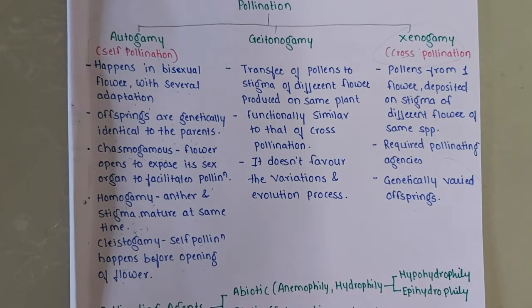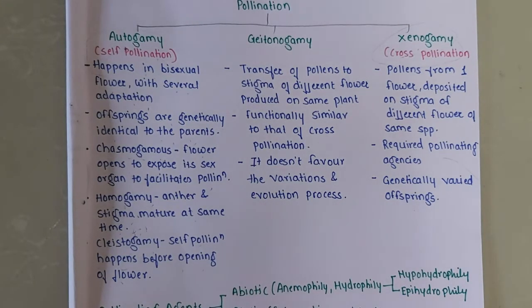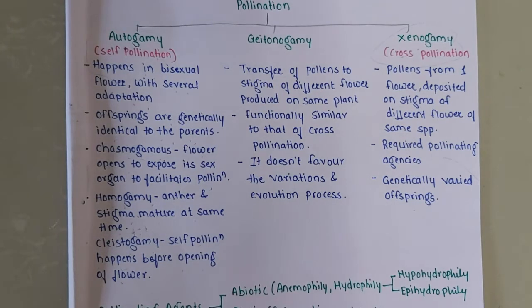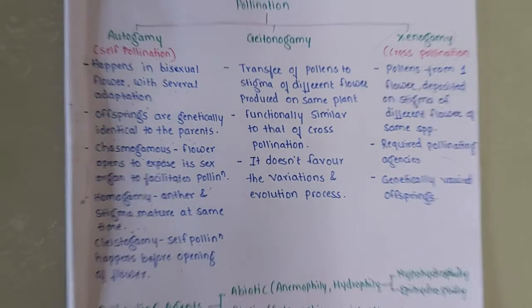It requires pollinating agencies, obviously, and the progeny are genetically varied. They are not identical to their parents, because the plants are different though the species is the same.